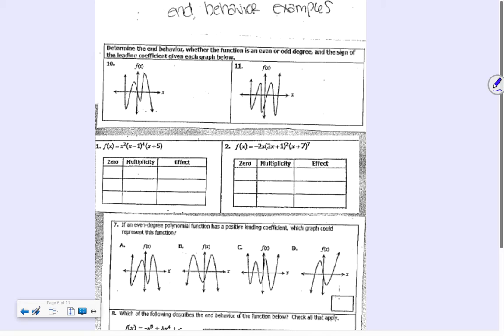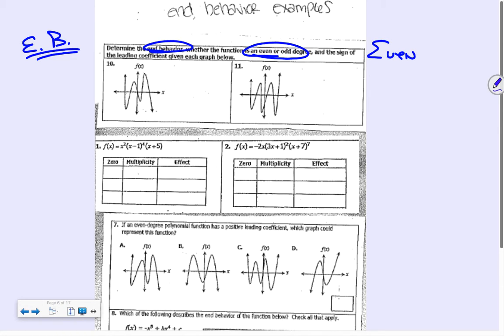Okay, so guys, we're almost done. Here we go. Determine the end behavior, whether the function is even or odd, and the sign of the leading coefficient in each graph. So they want the end behavior, EB. EB is end behavior, okay? They want even or odd.